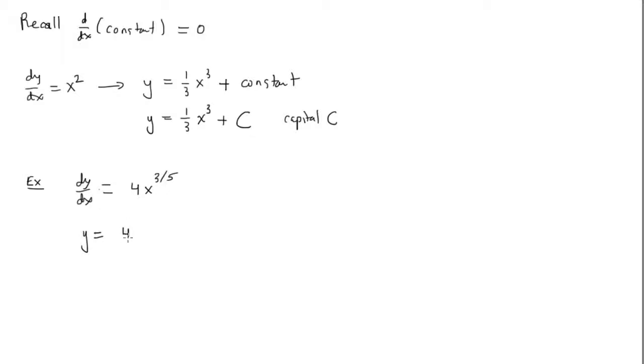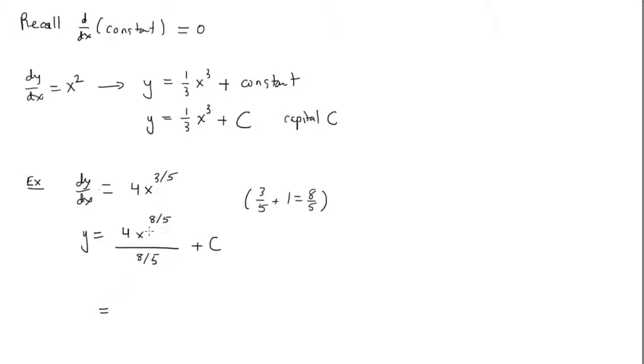So the process in reverse, I need to add 1 to 3/5, and I'll just come over here on scratch paper and notice that 3/5 plus 1 is 8/5. And so 8/5 is my new power, and then I need to divide by that new power. Okay, now I also need a constant for the same reason that we had it before, and then we could maybe simplify this a little bit.